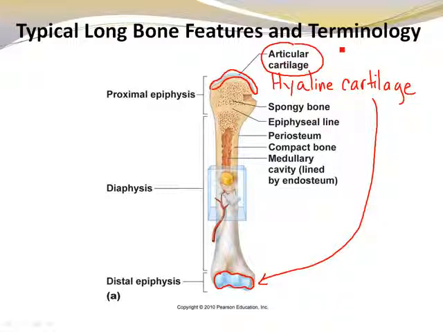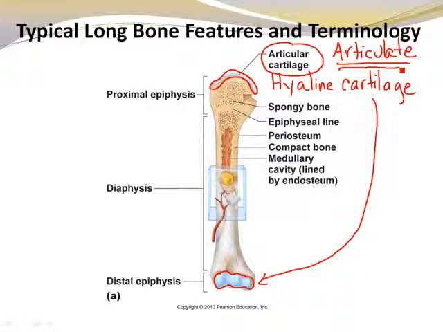That word articular comes from articulate. Think about when you say he or she is very articulate. They speak well, they join words well together, they combine words well together. Here, this term articulate is being used to describe bones coming together to form joints.